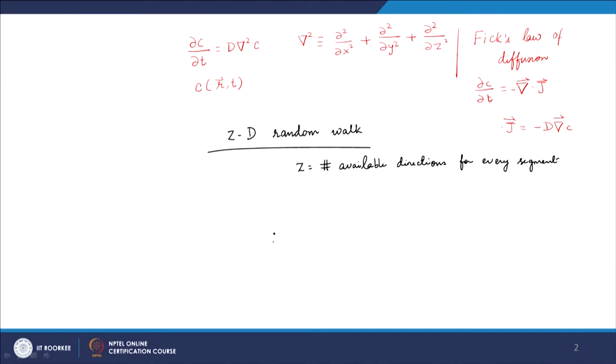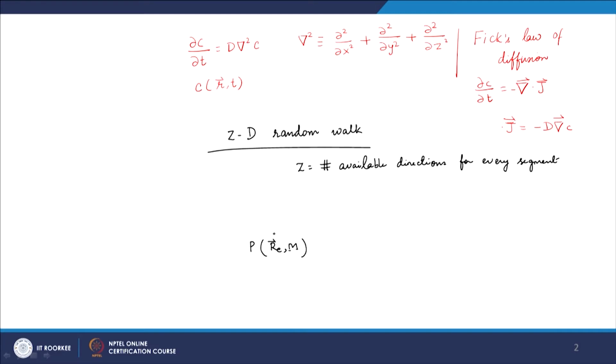Okay. So if we are doing a z dimensional random walk, and let us say I am at a particular end-to-end displacement R e after m steps, we have derived that the probability density for this to happen goes like a Gaussian function for an ideal chain.